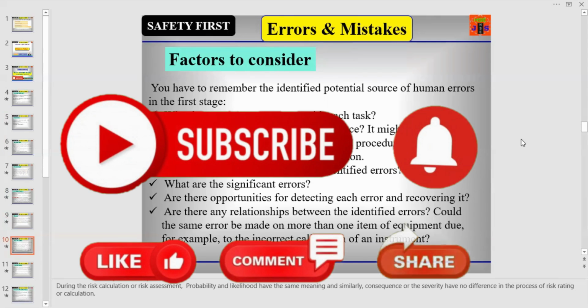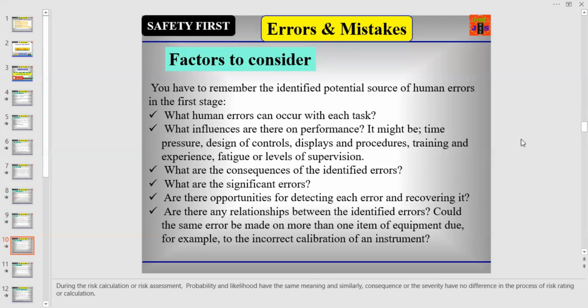Dear friends and fellows, you are watching Safety First, and today we are discussing errors and mistakes under the domain of personal factors, because personal factors are causing 90% of total industrial accidents. You have to remember the identified potential sources of human errors in the first stage.